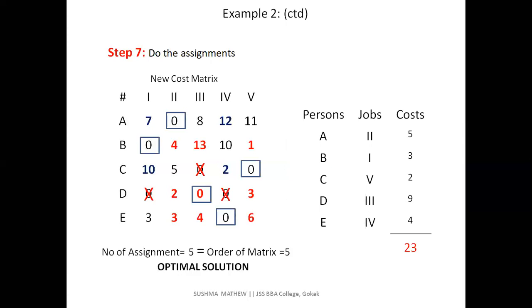For person B, I have assigned job number 1. For person C, job number 5. For person D, job number 3. And for person E, job number 4. Now, wherever zeros are there, you just have to take reference of your original problem to get the cost values.